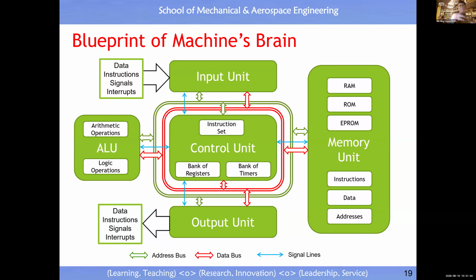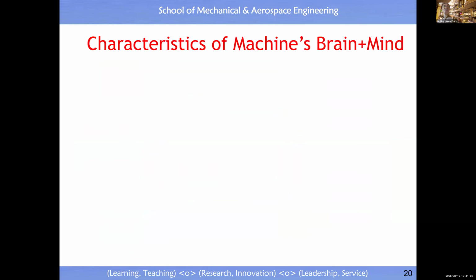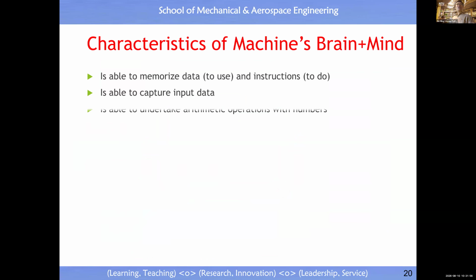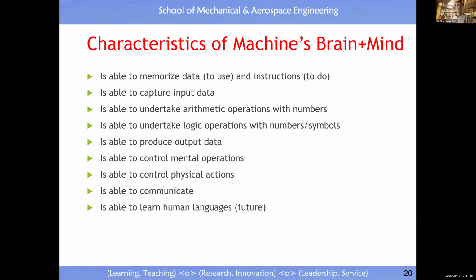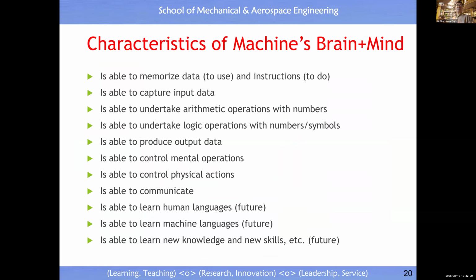You just see a similarity between the digital microprocessor and the biological brain. Good enough already. It's very interesting, right? With the electronic brain and mind, we should be able to enable today's machine to achieve similar mental behavior, which is a human mental capability.